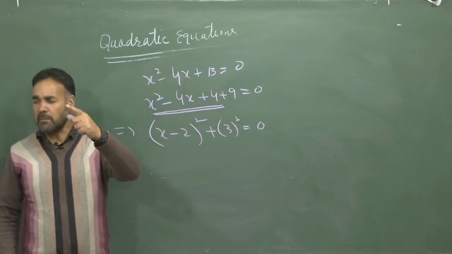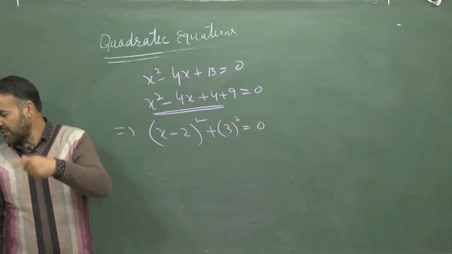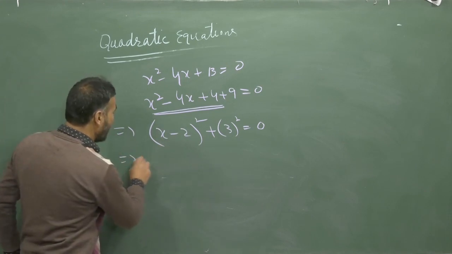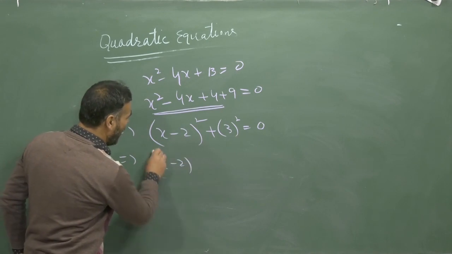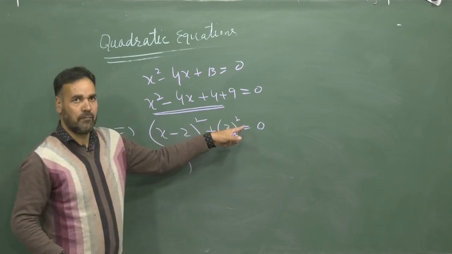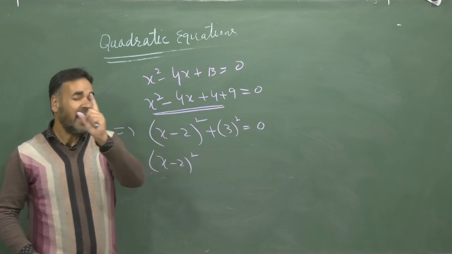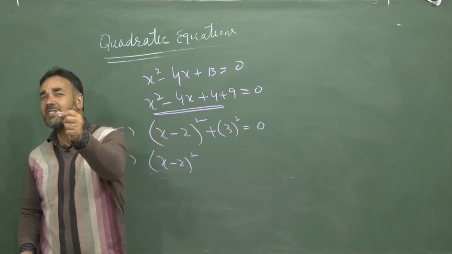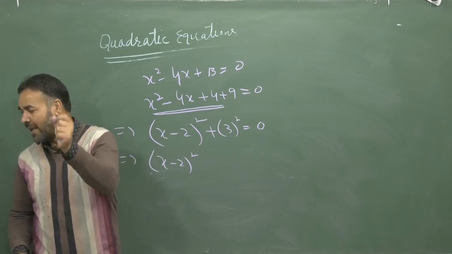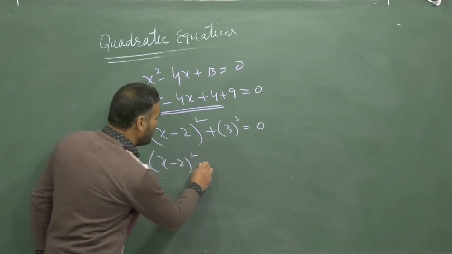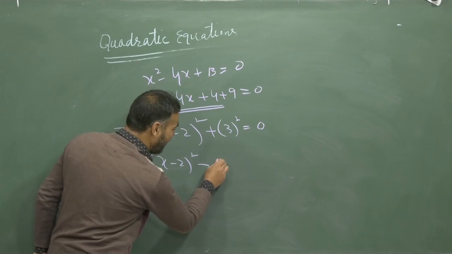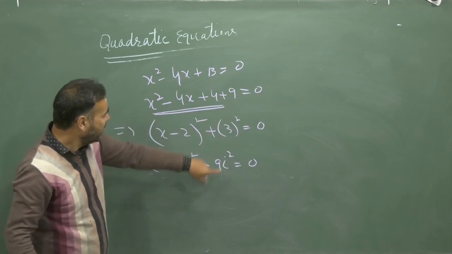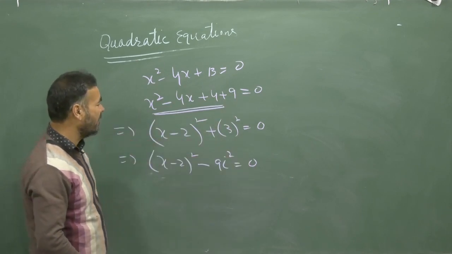So when it is x minus 2 whole square plus 3 whole square equal to 0, can we write it as x minus 2 whole square plus 9, but we have to write it in the form of a complex part. We have to introduce iota somewhere. So plus 9, can we say it will be minus 9 iota square? It is better to write like this. Plus 9, that is minus 9 iota square equal to 0.